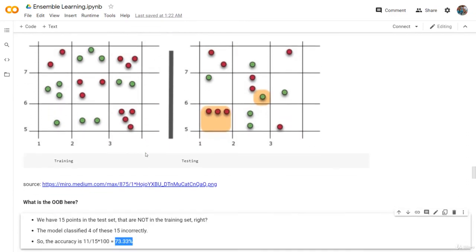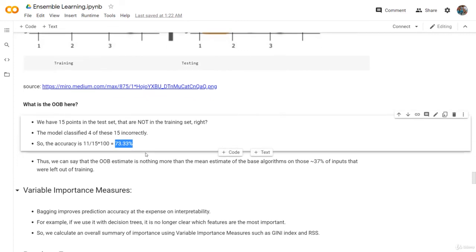Let's also discuss something else, which is variable importance measures. Bagging improves prediction accuracy at the expense of interpretability. When we were explaining, for example, the KNN or the decision tree, the models themselves were very easy to interpret, but the prediction accuracy was not that high. Here, the prediction accuracy will be much higher, but at the same time, the models are not as easy to understand as the other algorithms.